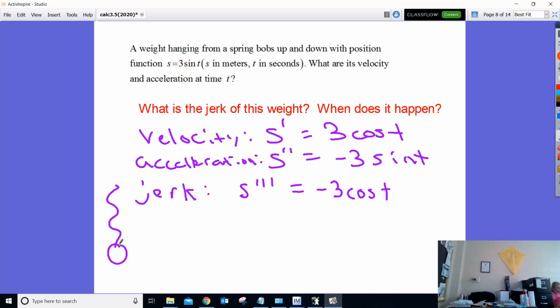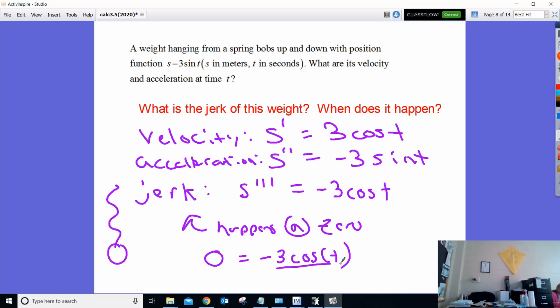So this is going to happen where the change in acceleration is what? 0. Jerk's going to happen at 0. So you just take your third derivative and you say it equals what? 0. 0 equals negative 3 cosine of t.